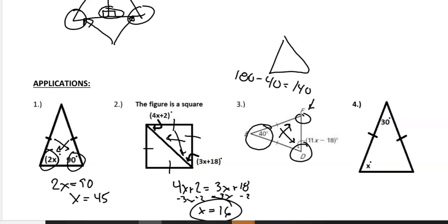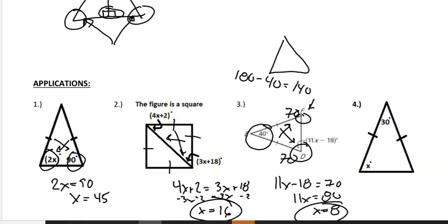They must be evenly split between these two. So if it's 140 altogether, then this one must be 70 and this one must be 70. So we can now say 11x minus 18 equals 70. If I add 18 to both sides, you get 11x equals 88 and x equals 8. And there you go.